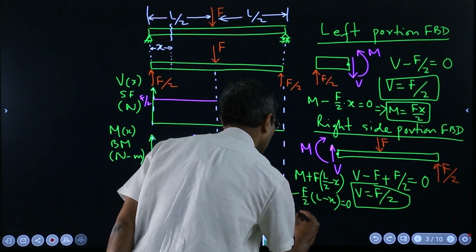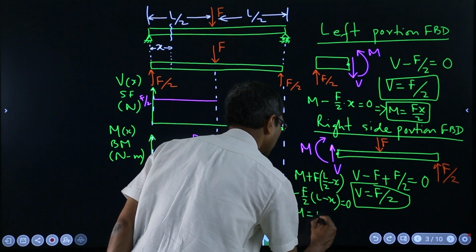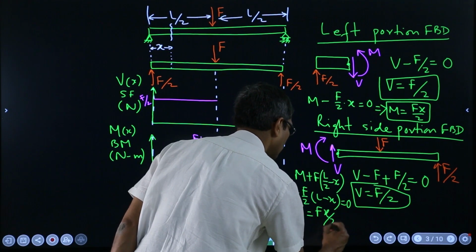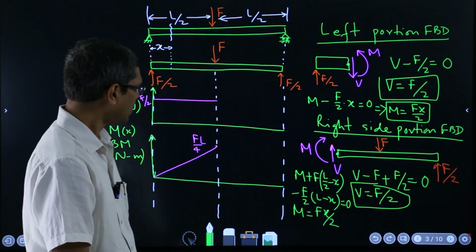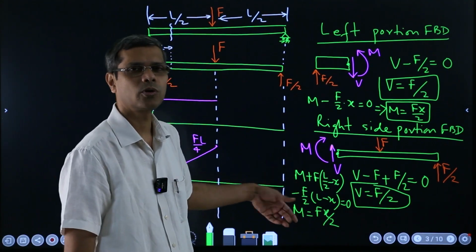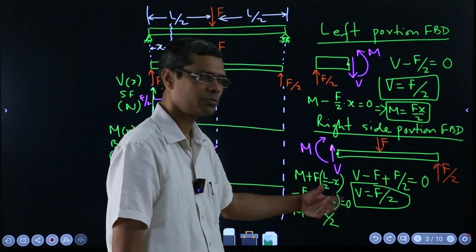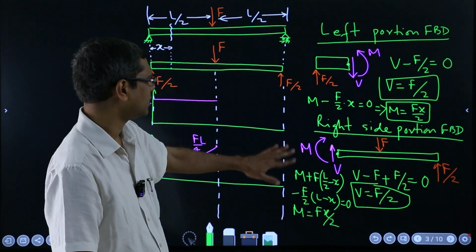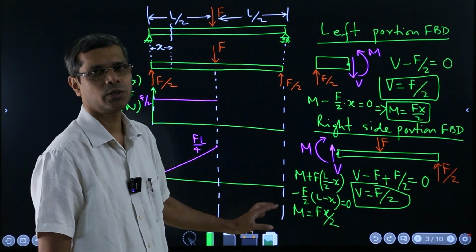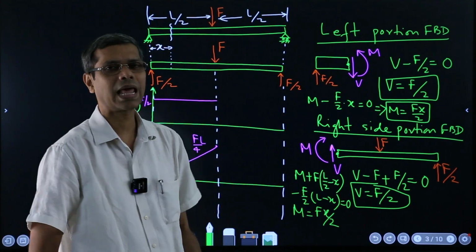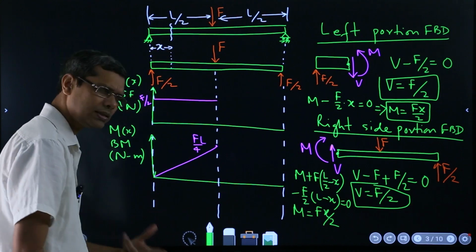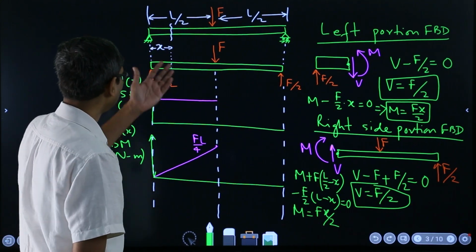So M is equal to Fx over 2. Again you are getting the same thing, but now you are solving a more complex equation, the thought process is more. So that is what I was talking about, that you will get the same thing, but you have to think about which side you should calculate, so that the calculation will be a little bit easier. That is it. So this side is done.